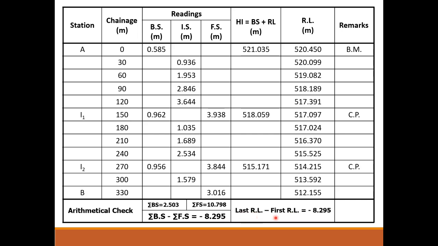Similarly, last reduced level minus first reduced level, that is also coming as minus 8.295. So you can see that both of these values are equal. So arithmetic check is okay, or calculation work is absolutely fine. We don't have to repeat any reading procedure.